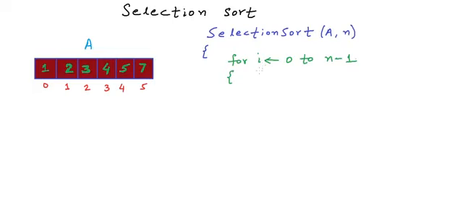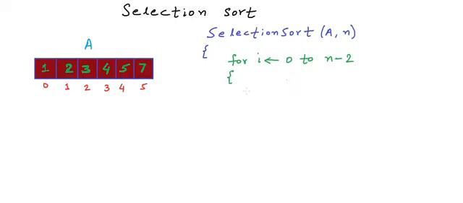And so first we will put the minimum at 0th position, then we will put the second minimum at 1st position, and so on. In fact, we only need to run this loop till n minus 2, because once we are done with all i's till n minus 2, the element at position n minus 1 will anyway be at the correct position.